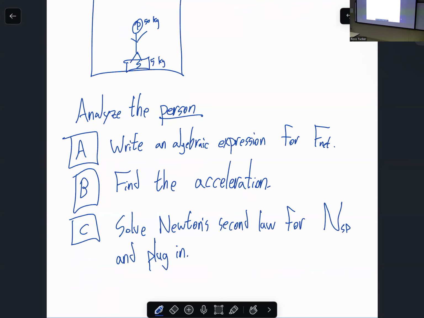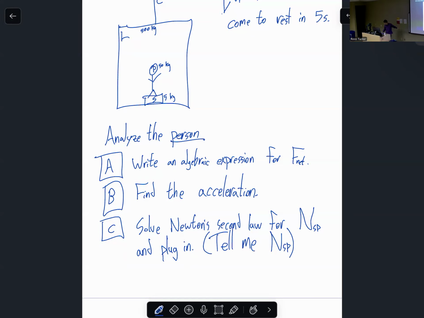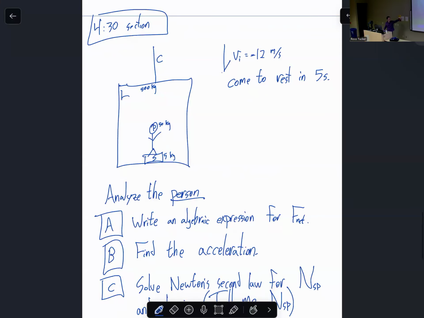That's a hint. Here's how you do every problem like this: NISP. You got what the things are? Find F net, find a, find the normal force. Shall I zoom in on the top part? You know what the letters are?